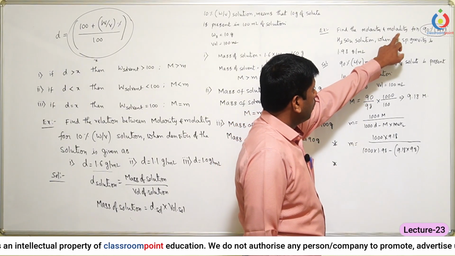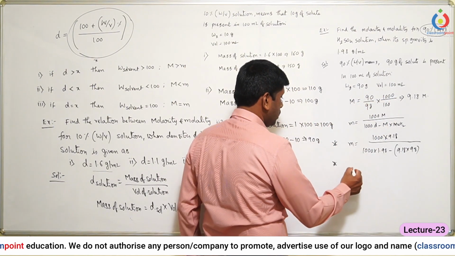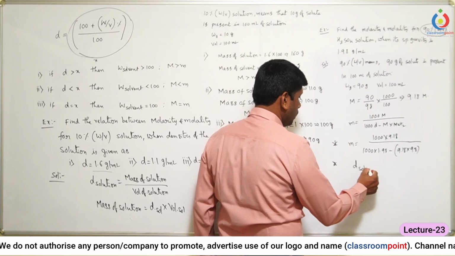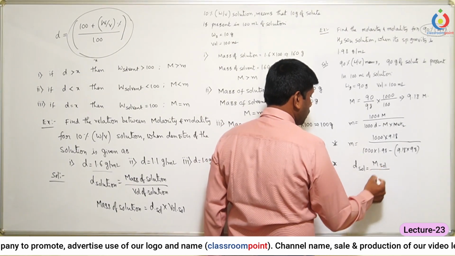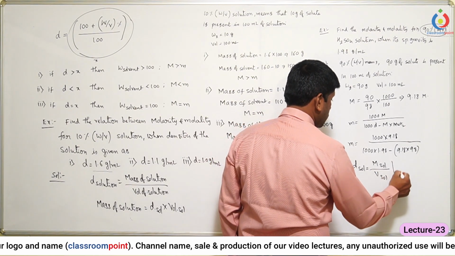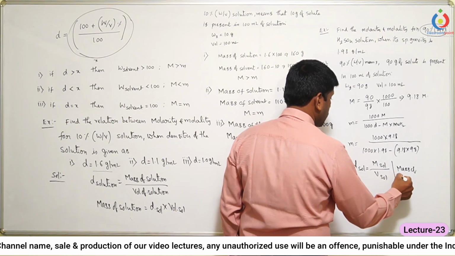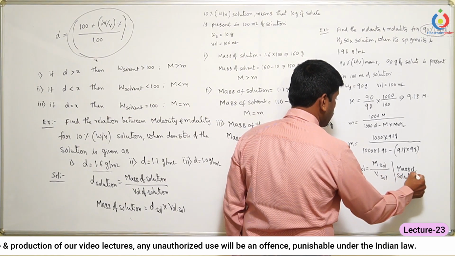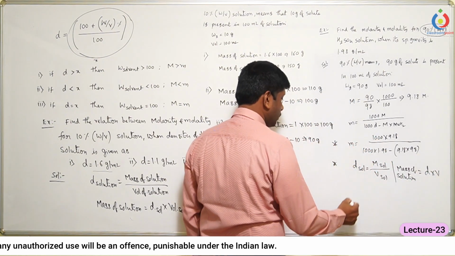See here, volume of the solution is given as 100 ml, so density of the solution is equal to mass of solution divided by volume of solution. Then mass of solution is equal to density into volume of the solution.